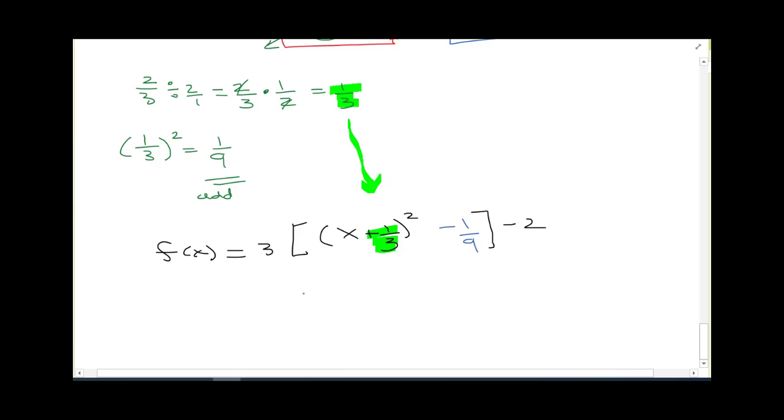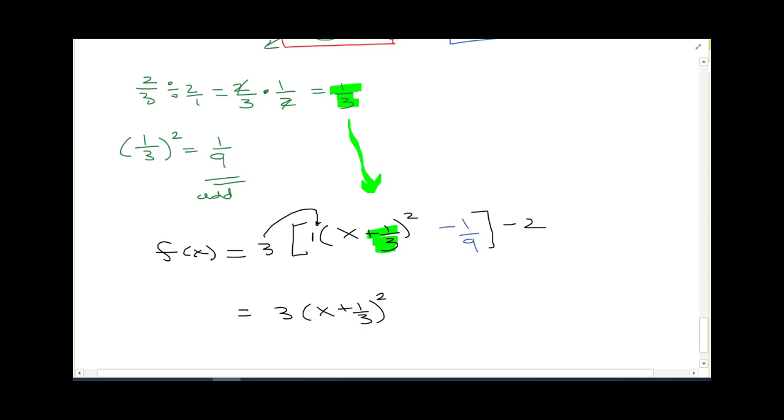And now we can simplify it. Bring the 3 back inside the brackets. So the 3 is going to get multiplied by the coefficient of this. So I'm going to have 3 times (x plus 1/3) squared, right? Following the order of operations, be careful not to bring the 3 inside the parentheses, because order of operations tells us do parentheses first, then exponents, and then multiplication.